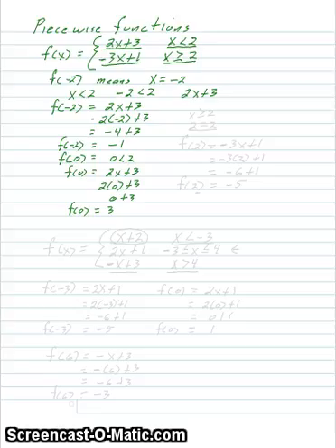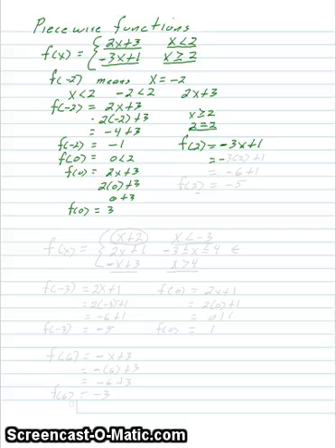Another example. f of 2. Now, 2 is equal to 2. See this, x is greater than or equal to 2. 2 is equal to 2, so we're going to use the expression negative 3x plus 1, because we're being defined in the interval of 2 or greater.